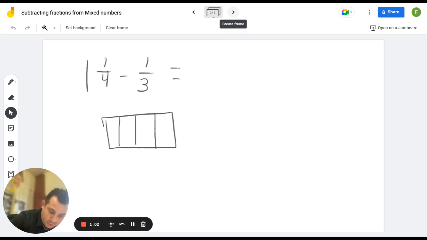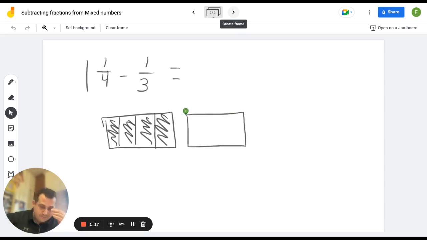Okay, and since it is the 1 whole, I'm going to shade the entire shape in. So that is my 1 whole, but I still have 1/4. So I'm going to draw another whole, also split that into fourths, and I'm only going to shade in 1/4.